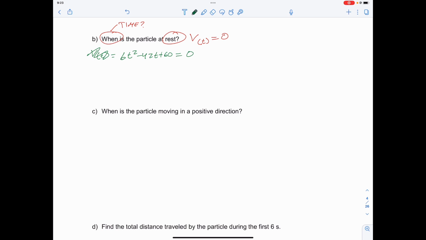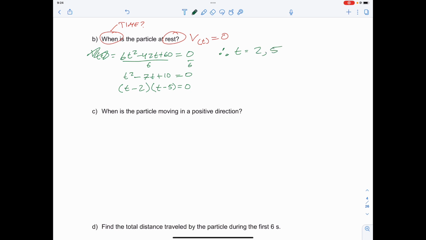The first thing is I'm going to divide both sides by 6 to get t squared minus 7t plus 10 is equal to 0. I'm going to factor this to get t minus 2 and t minus 5 is equal to 0. And if t minus 2 and t minus 5 are equal to 0, then t is either equal to 2 or 5.